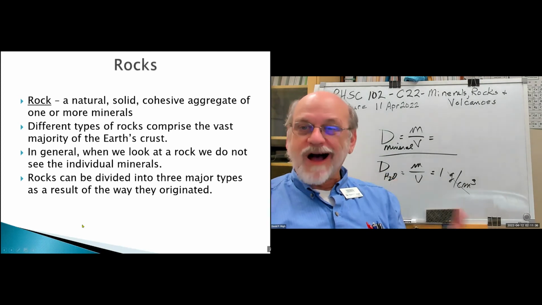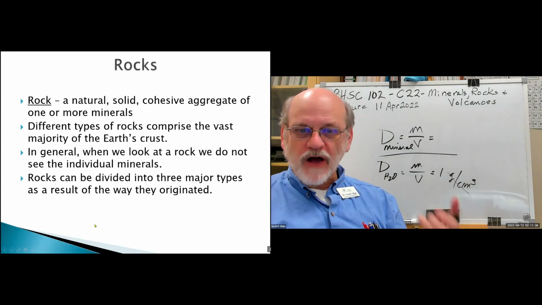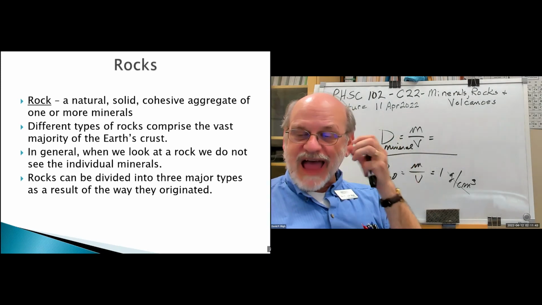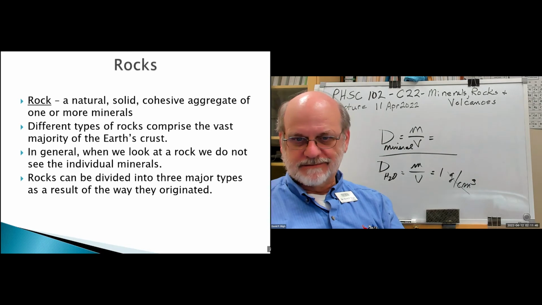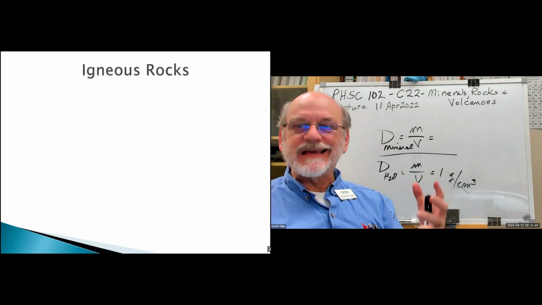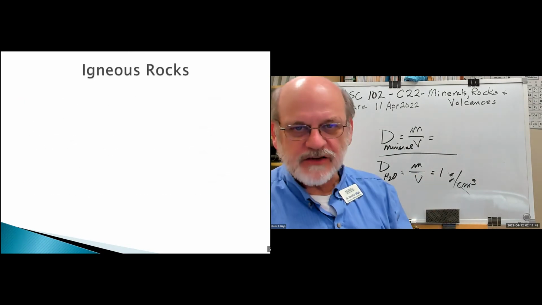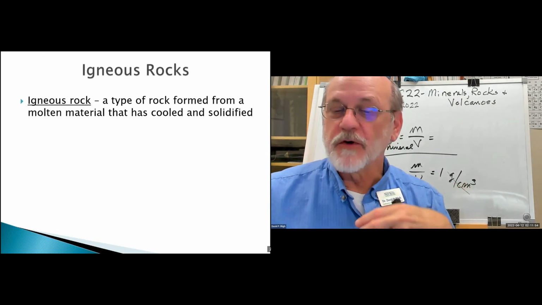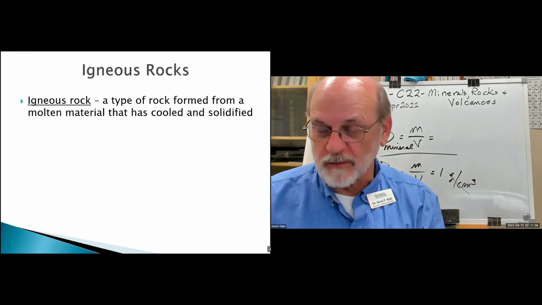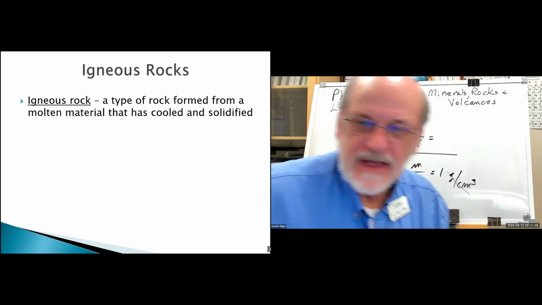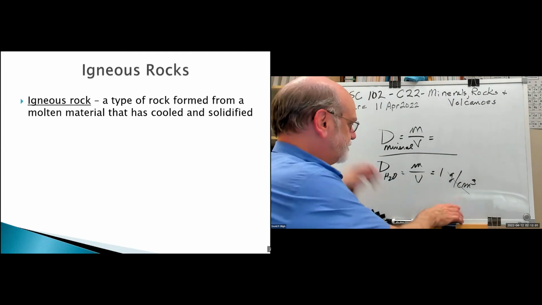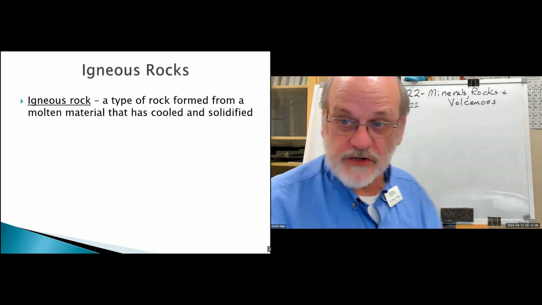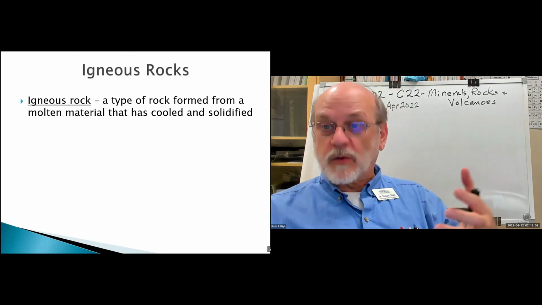Okay, rocks, here's the fun part. Rocks can be divided into 3 major types, depending upon how they formed. Right? Igneous rocks are formed from molten form, liquid form, and then they solidify. So the starting point for all igneous rocks is liquid.